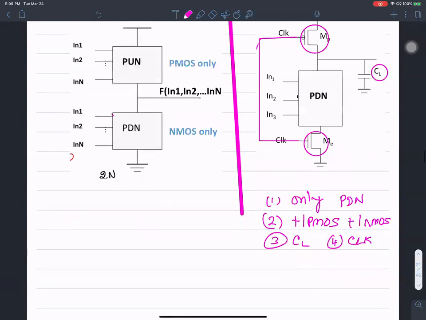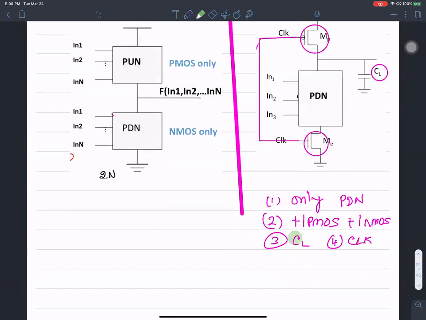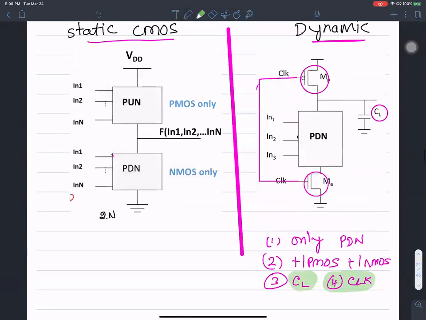I mentioned that the CL, load capacitance, clock, and the temporary storage together constitute the basic dynamic operation.